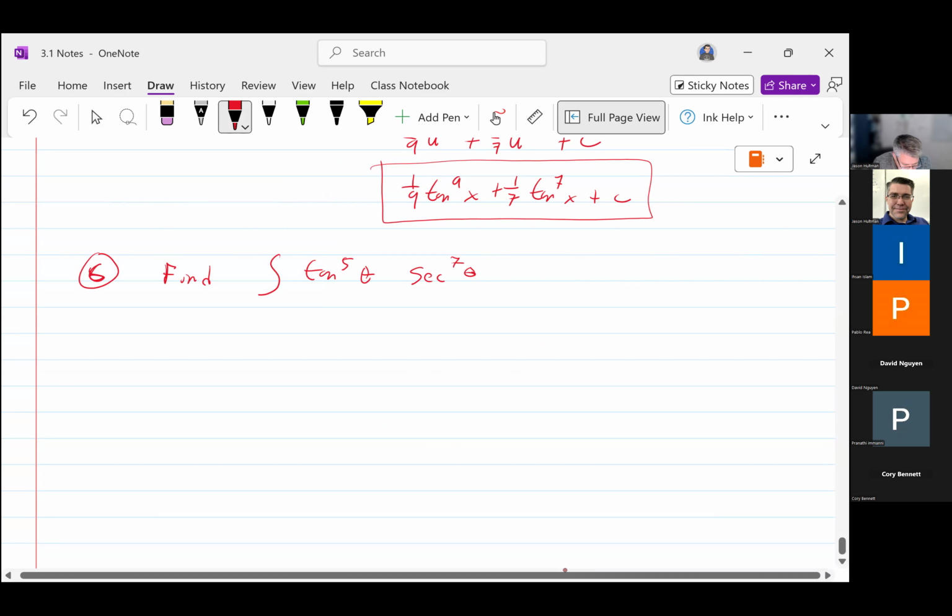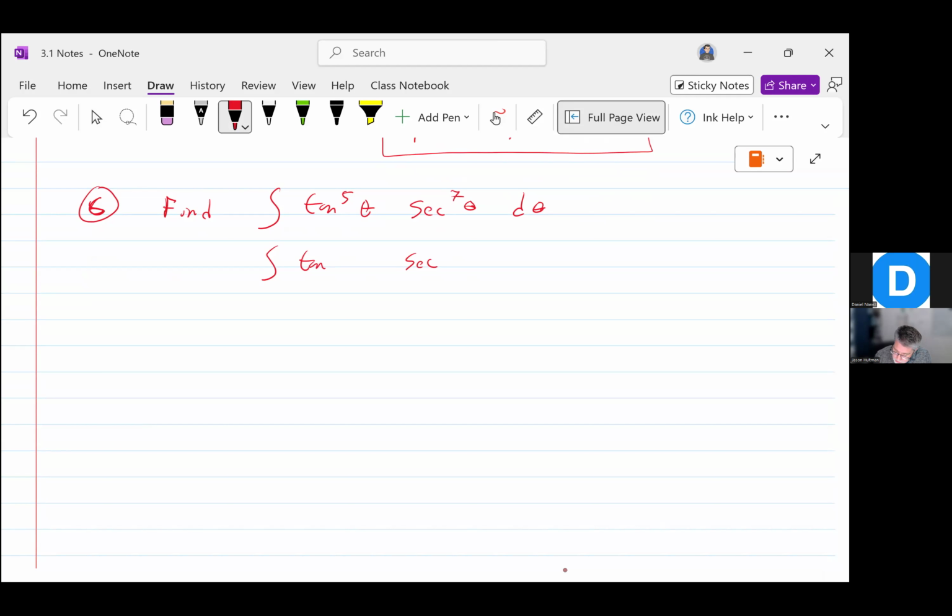Here both are odd, so what are we going to do? Both have an odd power. Factor out a secant and a tangent. We get secant theta tangent theta d theta.